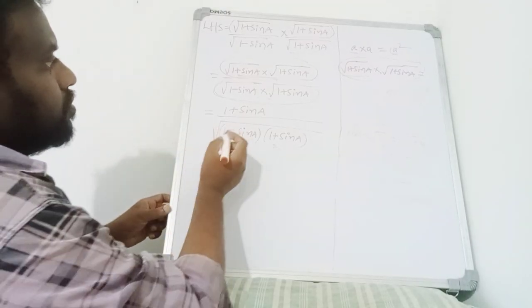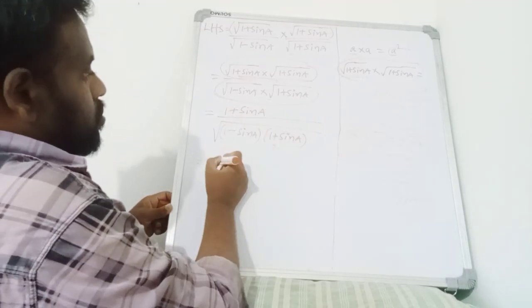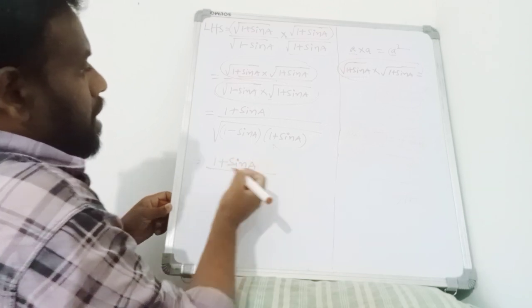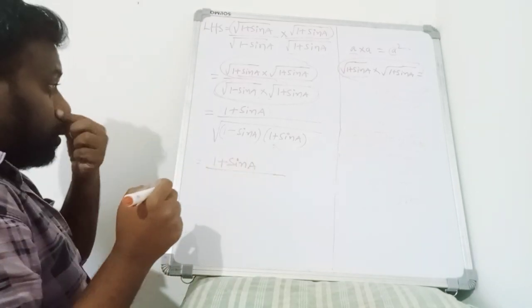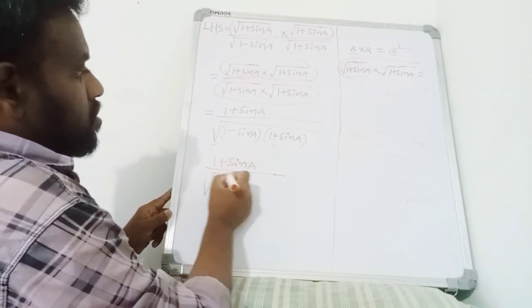Now next step, this I will write as it is, 1 plus sin A whole divided by, now this square root I will write as it is.